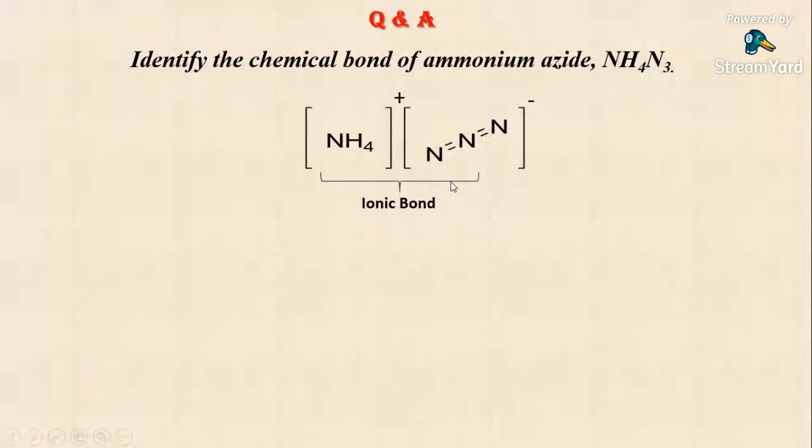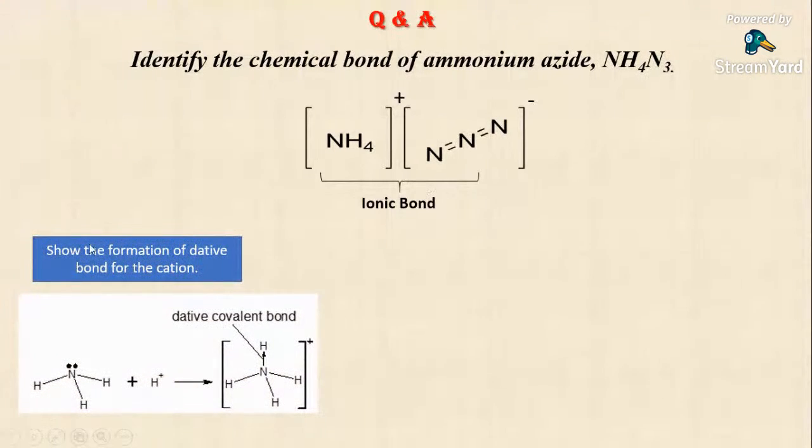Based on this structure, the question can ask you other things. For example, show the formation of dative bond for the cation. Please be careful, the question asks about the cation, and it says dative bond, meaning you have to show one lone pair donated to the H plus so it forms the dative bond.